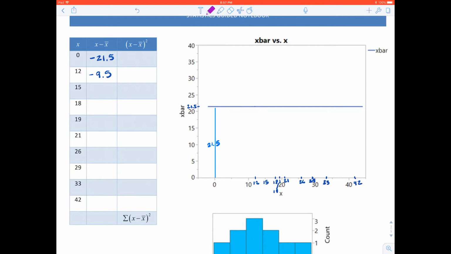All right, so be about here maybe. And I'm drawing that up towards the mean, and so this represents 9.5 below.